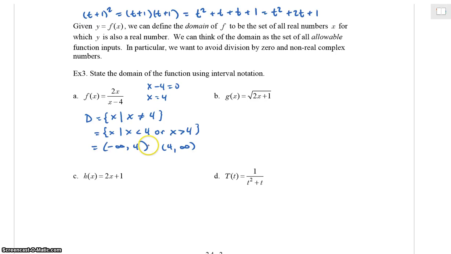The "or" is translated when we write interval notation as union. So we're basically describing the set of all real numbers less than 4 or greater than 4: minus infinity to 4, union 4 to infinity. In other words, the set of all real numbers with one number left out, that number being 4. It's kind of an awkward way to write the set, but this is the way it's done in interval notation.